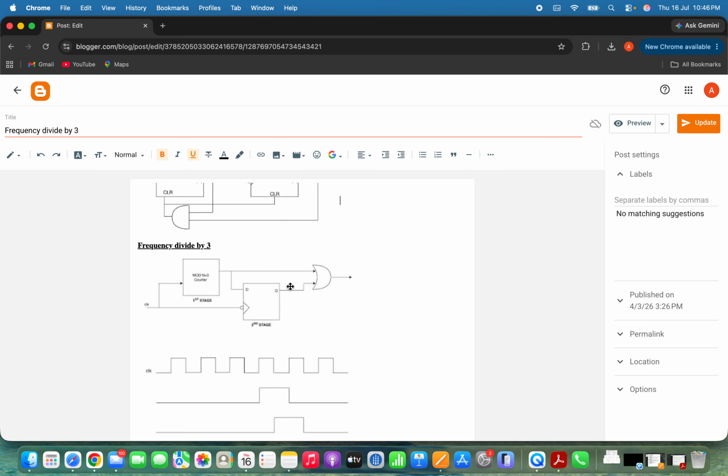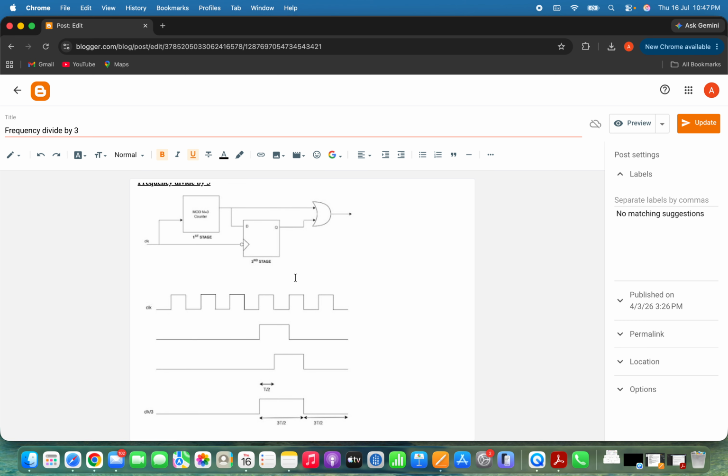Similarly, the low interval also becomes 3T/2. Therefore, one complete output cycle is 3T, which means the output frequency is the input frequency divided by 3. At the same time, the high time and low time are equal, giving a 50% duty cycle. This is the key advantage of adding the negative edge trigger D flip-flop and the OR gate.